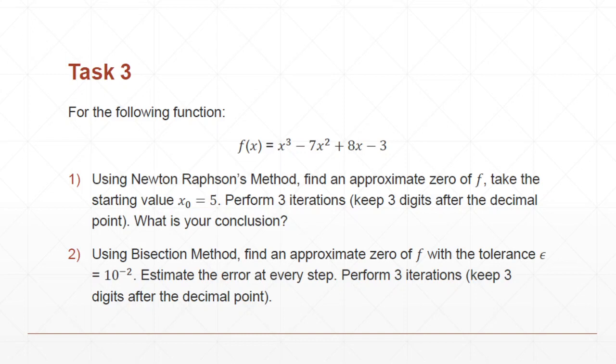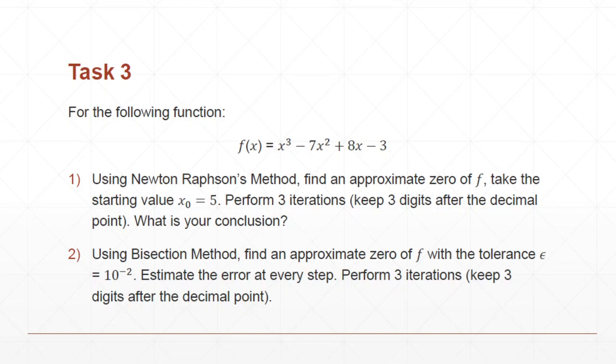Okay, now we'll work on task 3, and task 3 has a function given to us, and we have to work on this function using the Newton-Raphson method and also the bisection method. We'll perform 3 iterations for each of them and see how fast we come to the zero of this function using each of the methods.